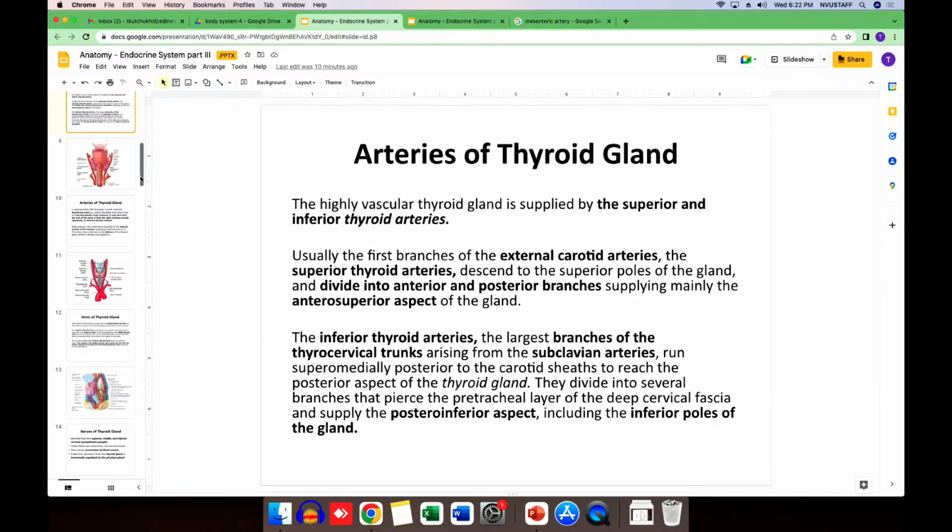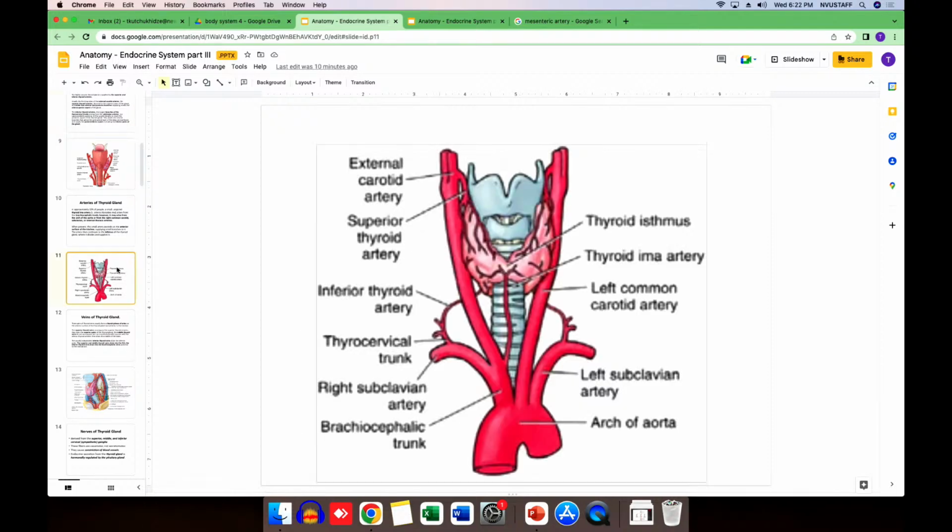Usually a branch of the external carotid artery gives us the superior thyroid artery that descends to the superior pole. So this is our thyroid, and this is our superior pole, and we see the external carotid artery giving us the superior thyroid artery, and they supply our thyroid gland, right?